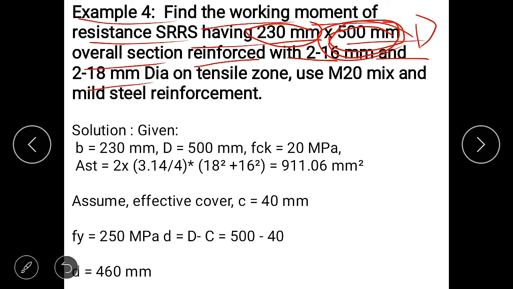Here 2 bars are provided different: the first bar is 16 mm diameter and the second bar is 18 mm diameter. The summation of these gives Ast.